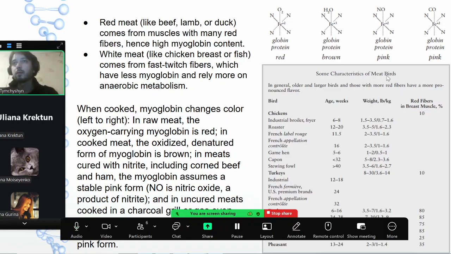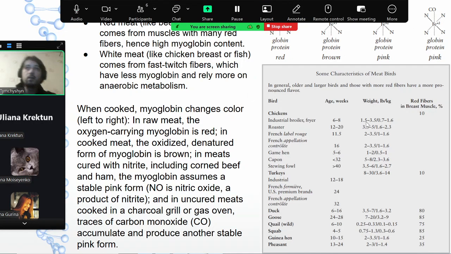And here you see a table with characteristics of meat birds. Here you see the percent of the red fibers, and depending on the situation you may see different colors. Here you see myoglobin, it's red, and myoglobin with the iron oxidized to state +3, it's brown, and so on.